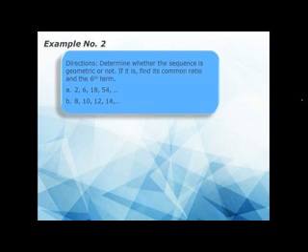Now we will have our second example. So the directions are: determine whether the sequence is geometric or not. If it is, find its common ratio and the 6th term. Now remember that to check if a certain sequence is geometric or not, we should check if the common ratio exists.